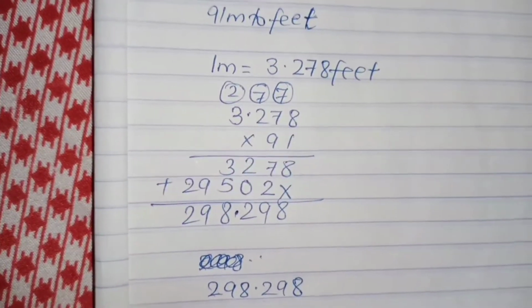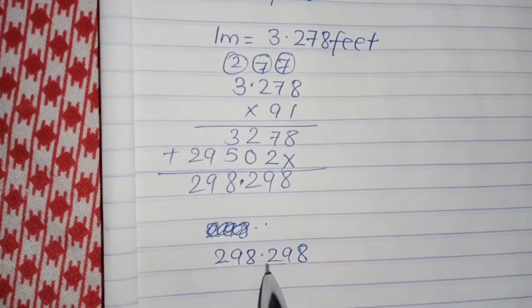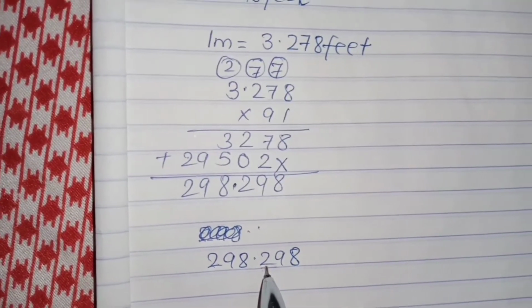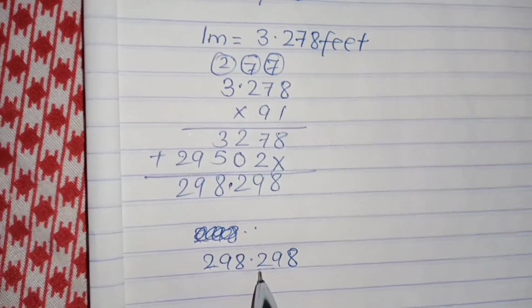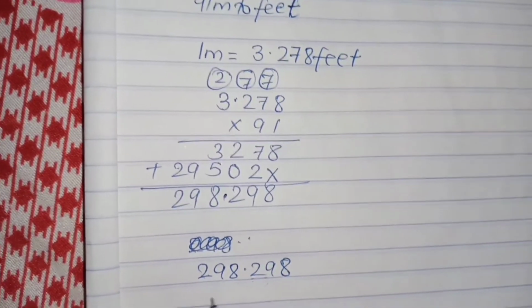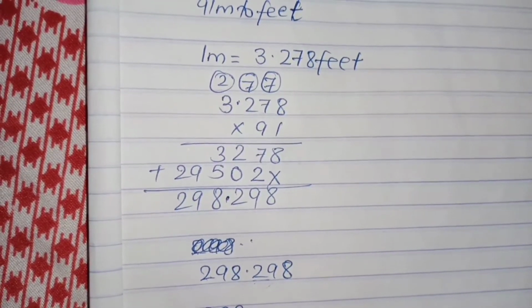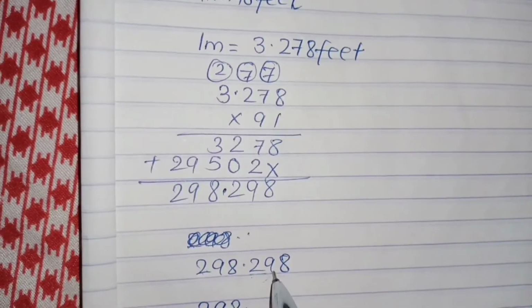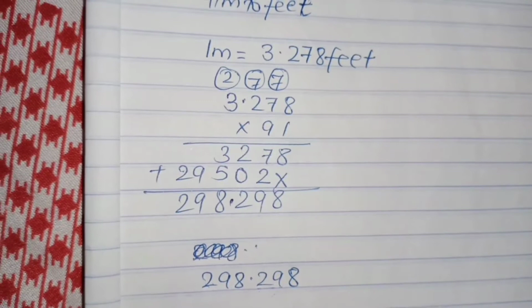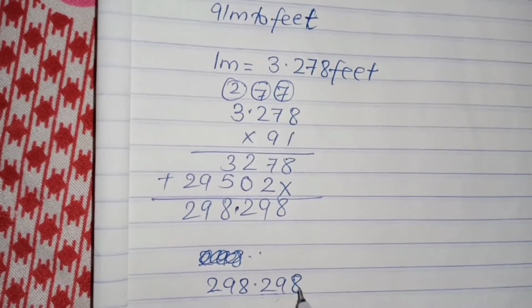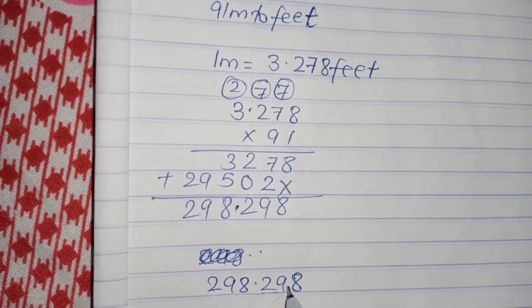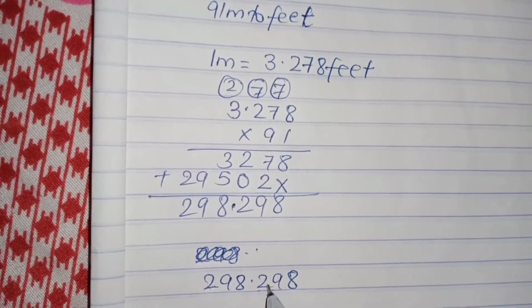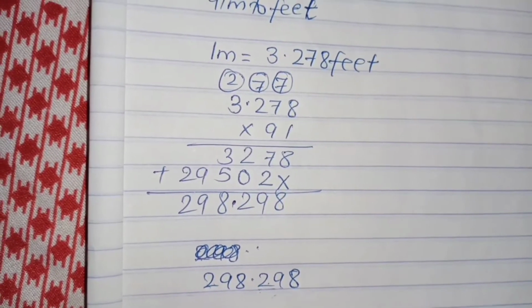Now if you want up to 1 decimal place, we have got up to 3 decimal places. If we want up to 1 decimal place, we can round off. So how to do it? We will write 298 point. Now this 9 is more than 5, so it will give 1 to this 2 when we round off. So 2 plus 1 will become 3, and this 2 will be removed.